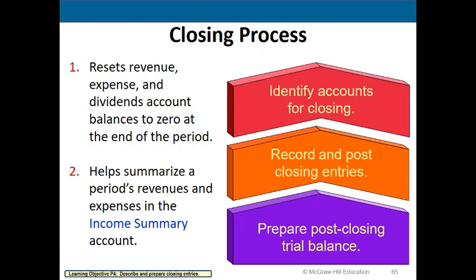After you've closed all your temporary accounts, you're left with nothing but permanent accounts. Then you want to run a post-closing trial balance of those permanent accounts to make sure that your debit balances equal credit balances, because if they don't, you have a problem.